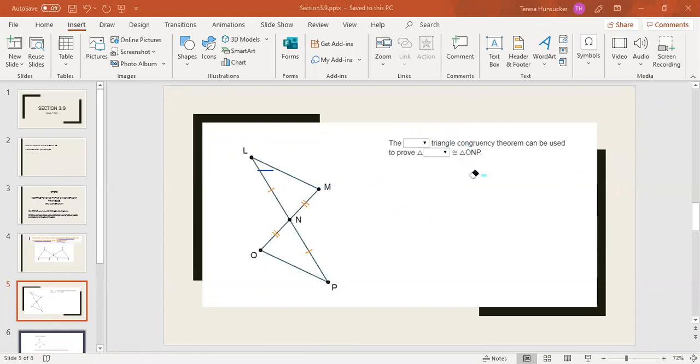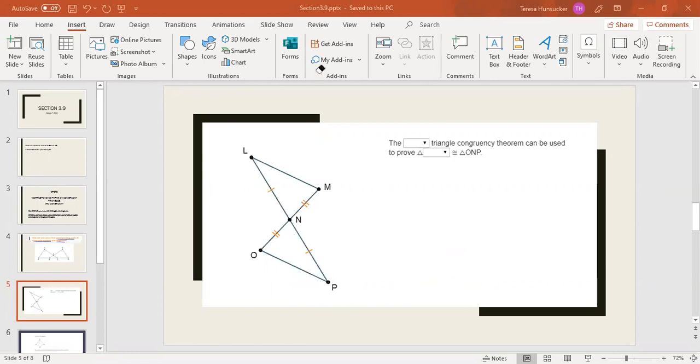All right, let's look at this diagram. We have two triangles, LNM and triangle PNO. I said LNM, so I'm going to go PNO. The order does matter.